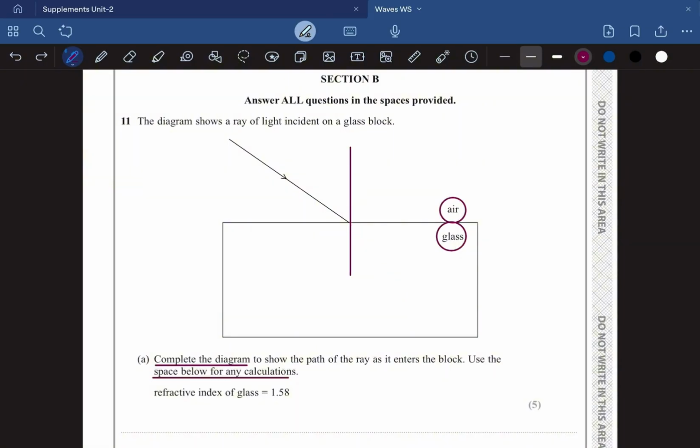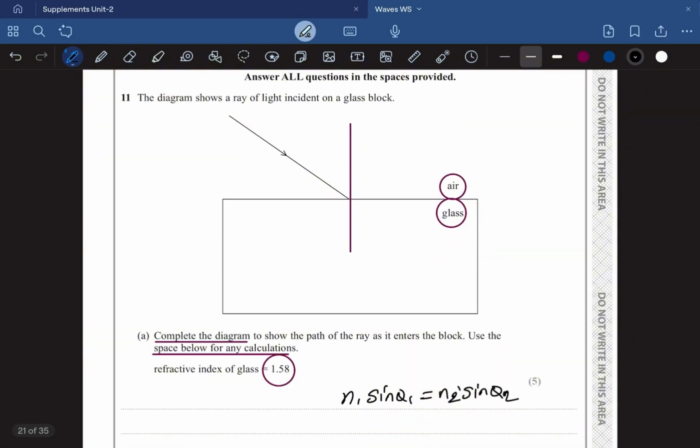So to figure out this angle, we have been given the refractive index of the glass, and we know the formula, which is n1 sin theta 1 equals n2 sin theta 2.